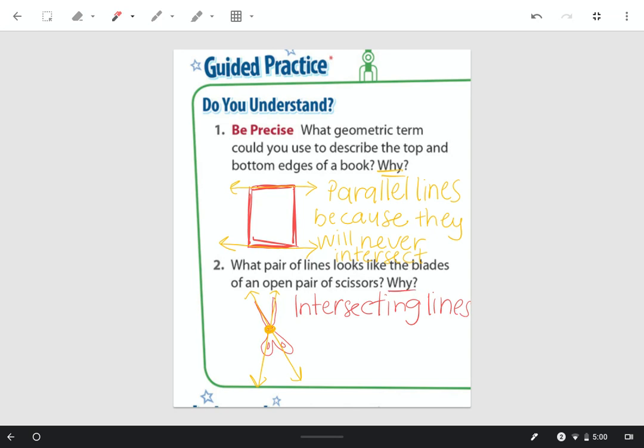And remember, it asked me why. So I need to explain. Because they cross paths at one point. Okay? They cross lines at one point.